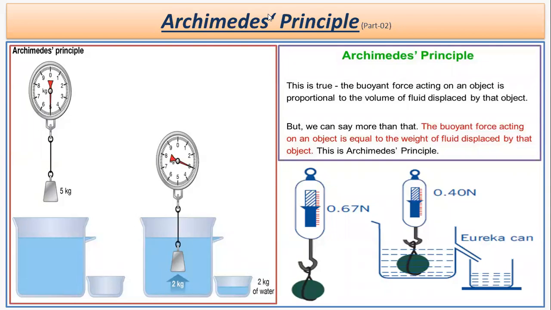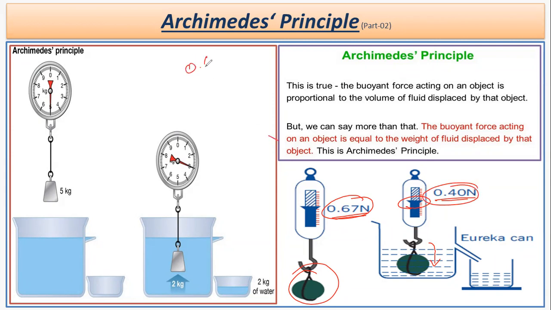See, when we measured the weight of this object in air, it was 0.67 Newton. When we had submerged it into water, we found that the reading on the scale is 0.40 Newton.